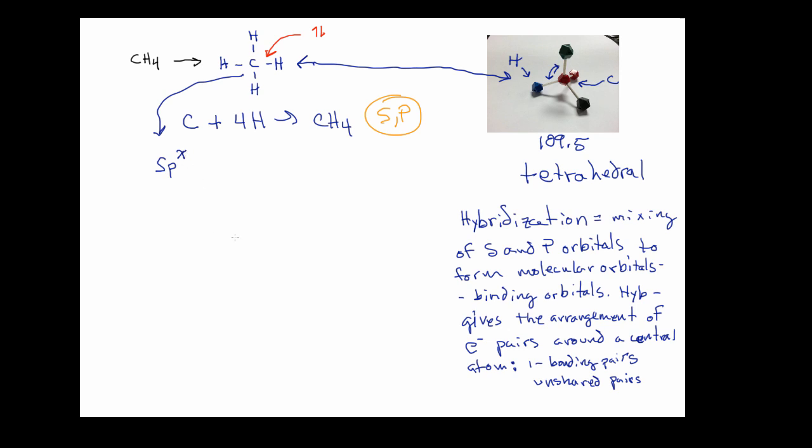Now, in terms of any of the molecules I know of, actually, there's always only going to be one s orbital that's involved in the mixing. So the business end of this comes down to determining how many p orbitals are actually going to be involved in the mixing to form the molecular orbitals.